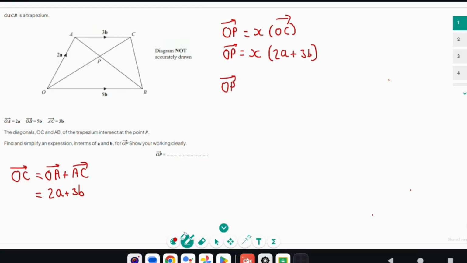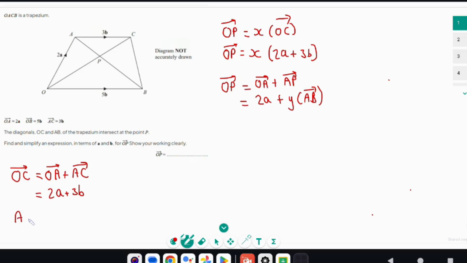So we also know OP is OA plus AP. OA is 2a. Again, that bit's straightforward. AP, not as straightforward. AP is partly along the line AB. Can we find AB?